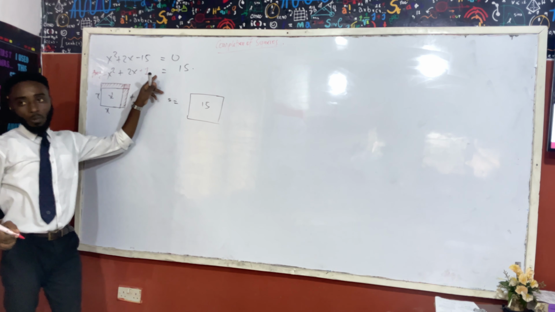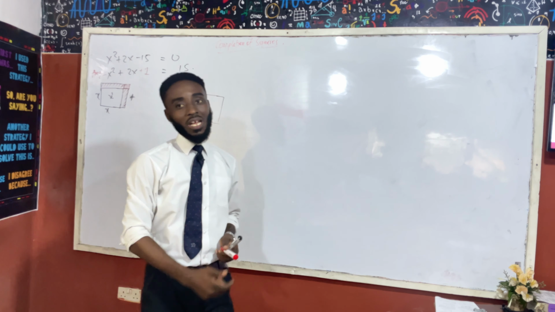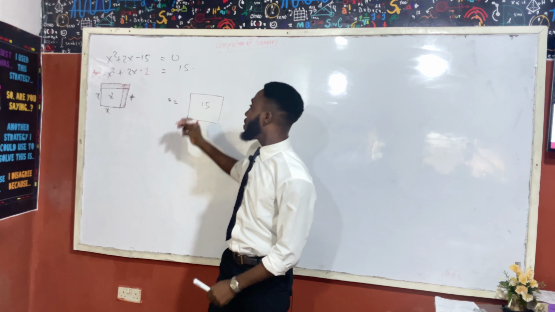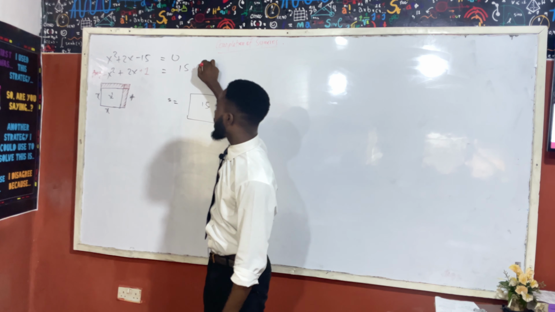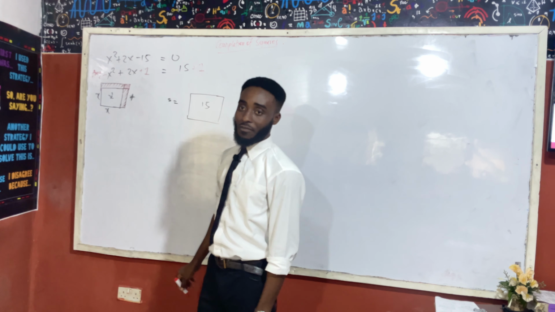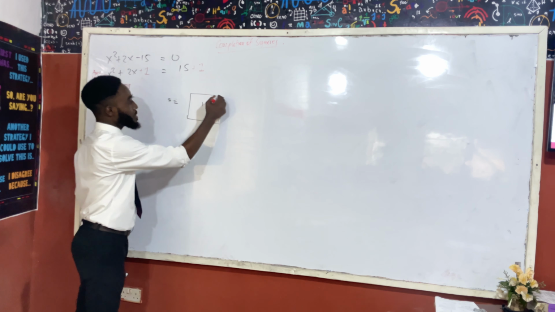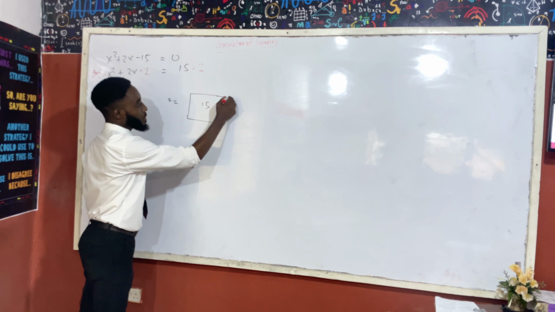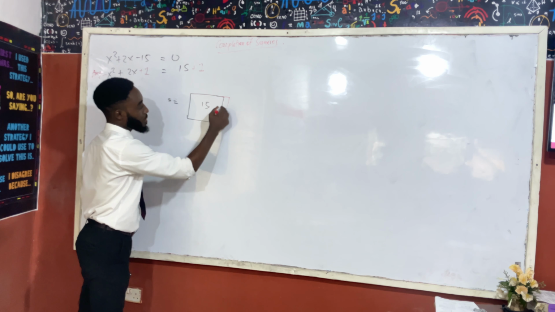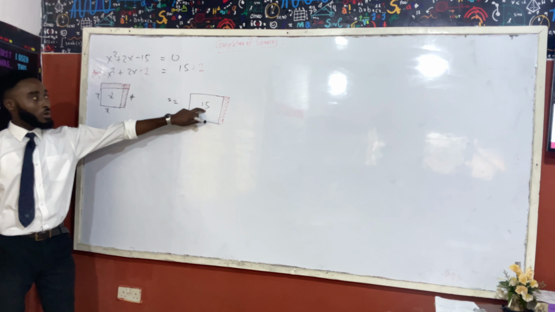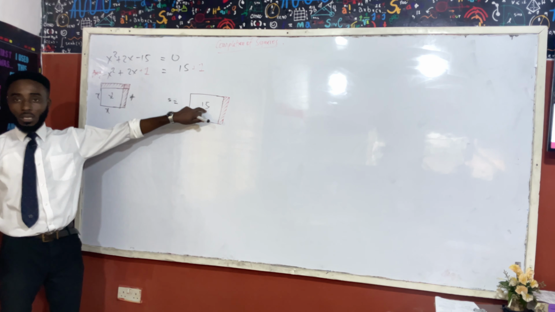But then when it comes to equations, whatever you do to one side, you do the same thing to the other side. So I'll introduce 1 to this side as well. So plus 1. Then what does this area become finally? It becomes 16.